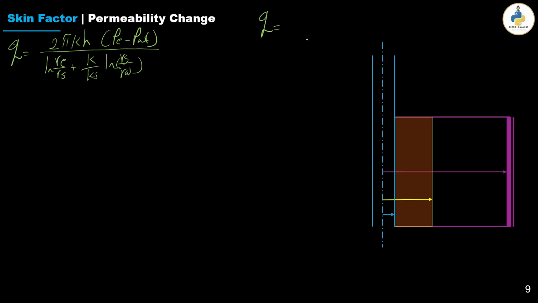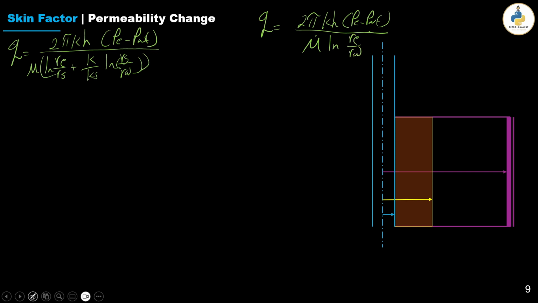And the Darcy equation is like this: 2 pi KH, PE minus PWF over mu, there is a mu here that I forgot, ln RE over RW.